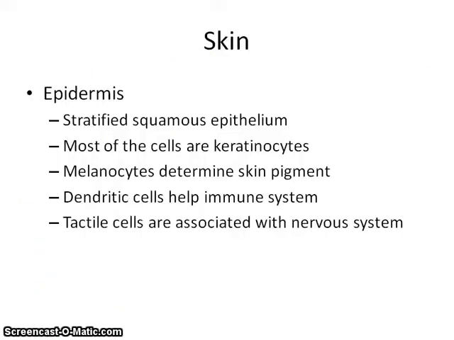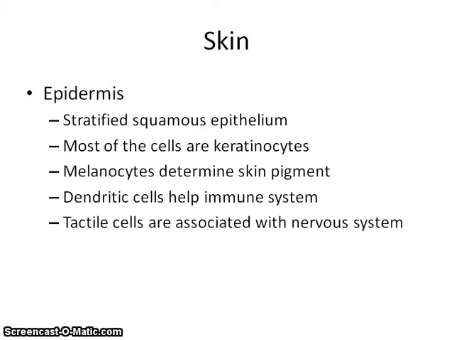Let's start with the epidermis. We know that it is stratified squamous epithelium. We saw that in Chapter 4. Most of its cells are keratinocytes, and then we have some melanocytes. The melanocytes are what determines your skin pigment or color, and they're what gets excited from sun exposure, which creates what is a tan or looking tanner.